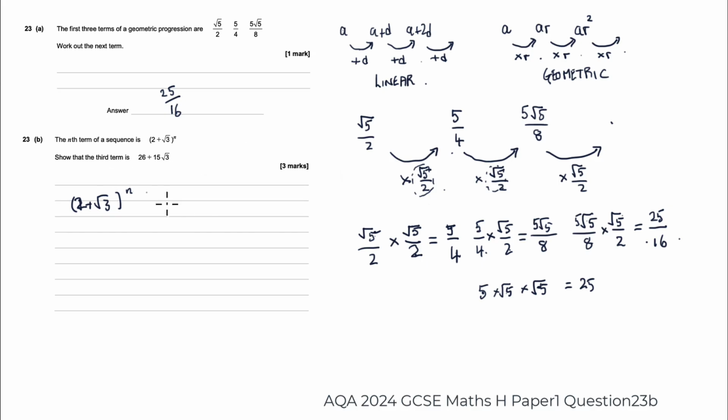Now to find the third term, we'll let n be 3. So we're looking at (2 plus root 3) to the power 3. And what does that mean? It means 3 of these expressions all multiplied together.